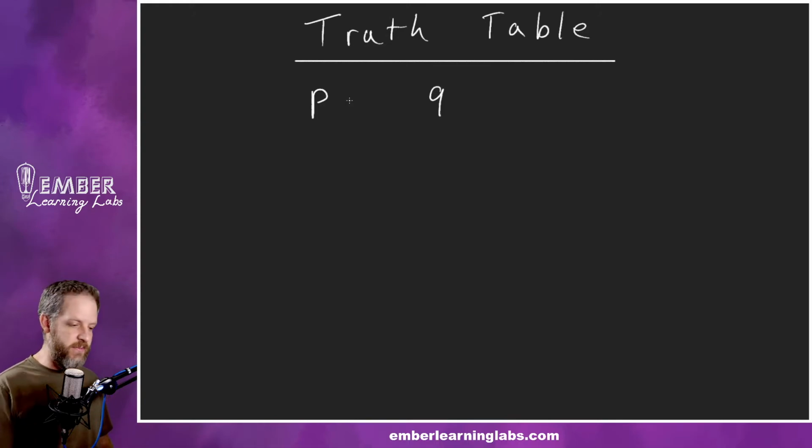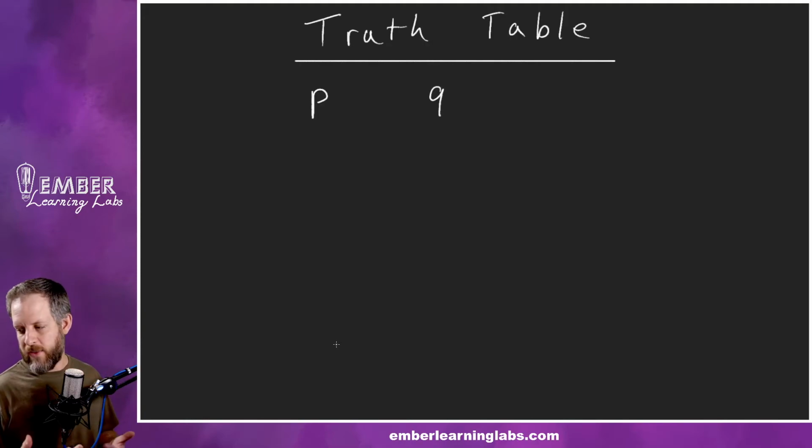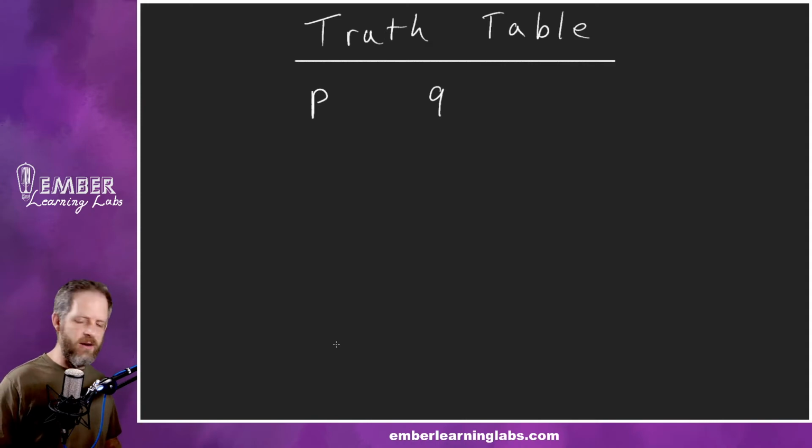"January is a fall month" could be the statement P, and statement Q could be "January has only 30 days." We might have a fourth statement as well, but we'll add that in a minute. We'll do that example full out. But here is what a truth table looks like.